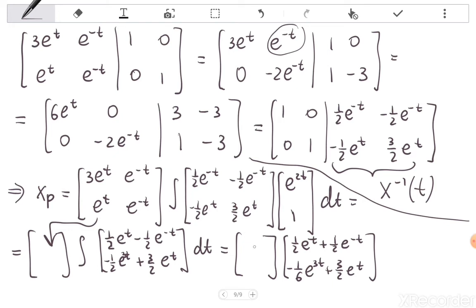So let's now multiply this matrix times this vector here.